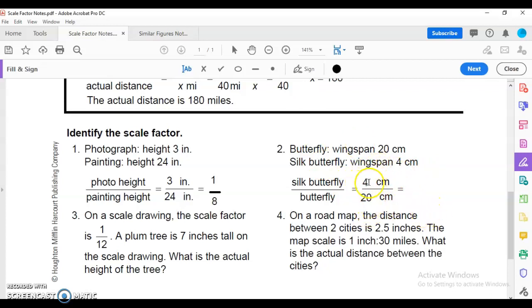We're going to divide by my top number. 4 divided by 4 is 1. And 20 divided by 4 is 5. Yes, I know some of you all beat me to it. Thank you so much. Move this up, 1/5. So my scale factor is 1/5.